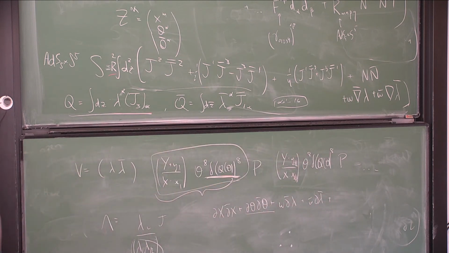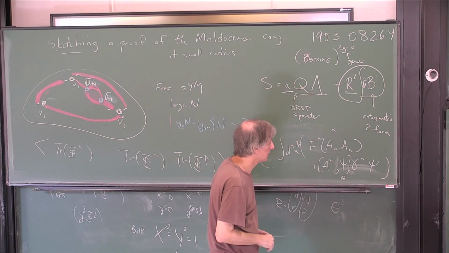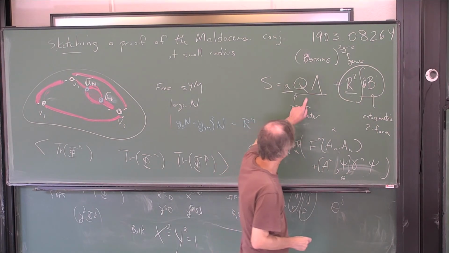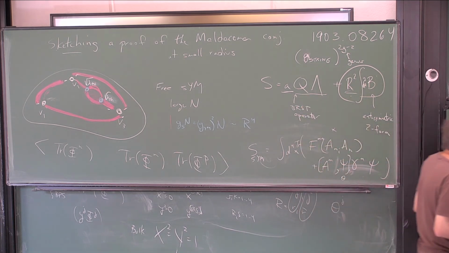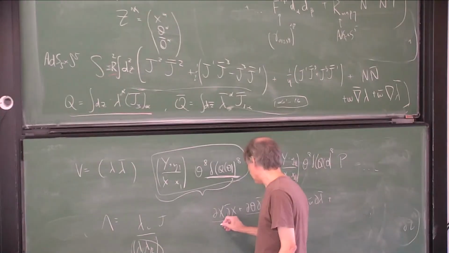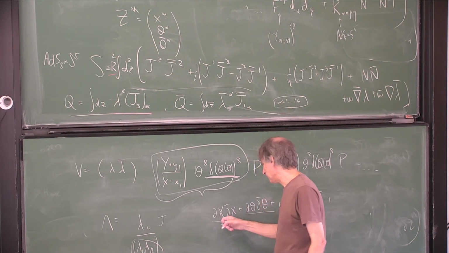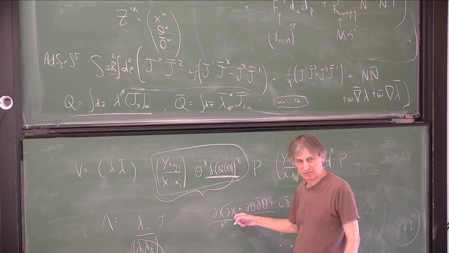Okay, and then after you do that, you're just left with something which is antisymmetric in Z and Z bar. But there's something that I forgot to say. It's the AdS5 times S5 metric.